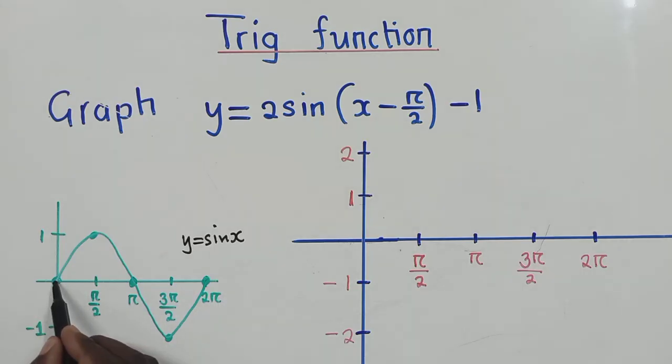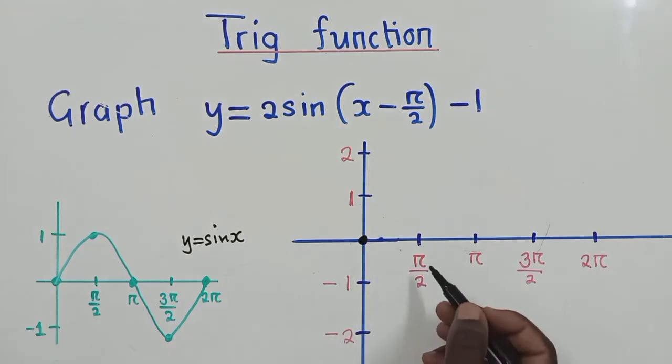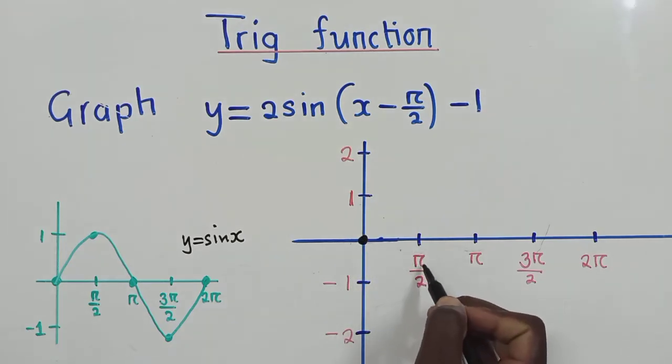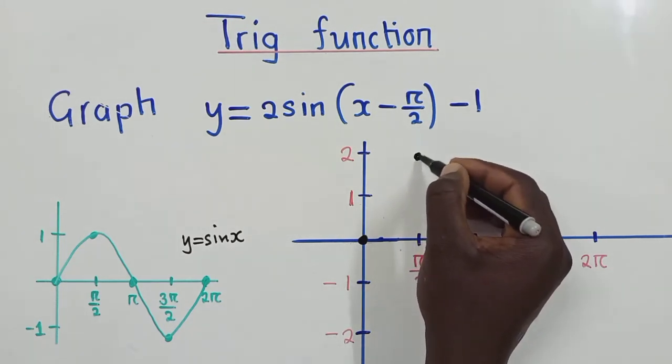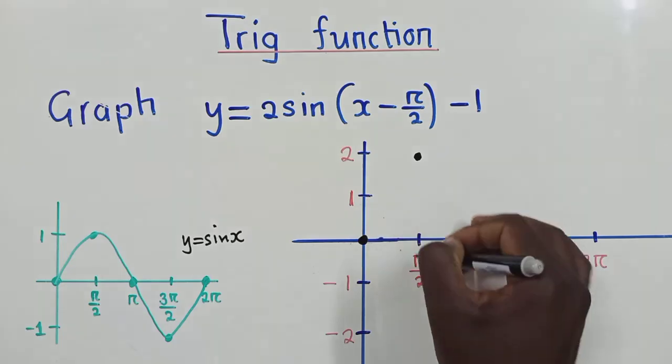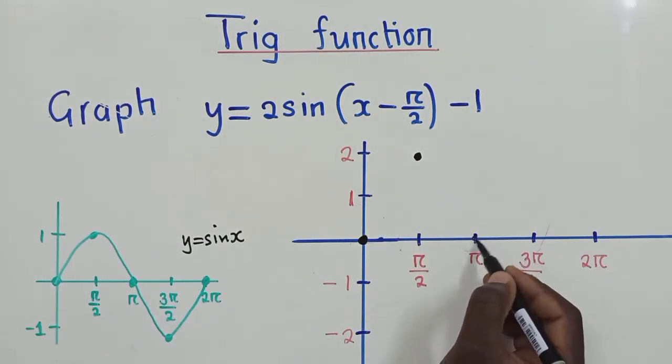So it's starting from 0, 0, right here. I talked about the issue of graphing. Our next point will be pi over 2, comma 2, which is right here.